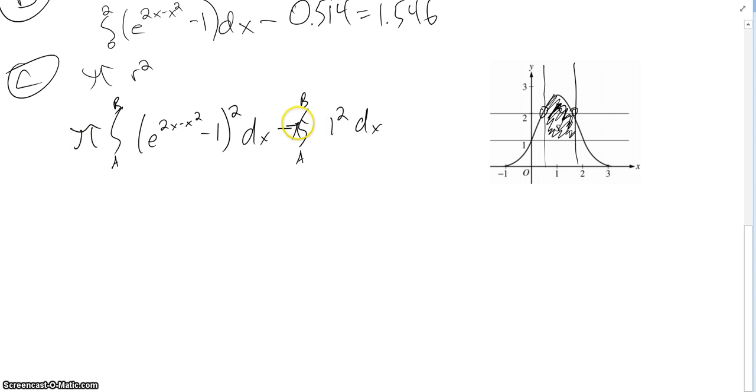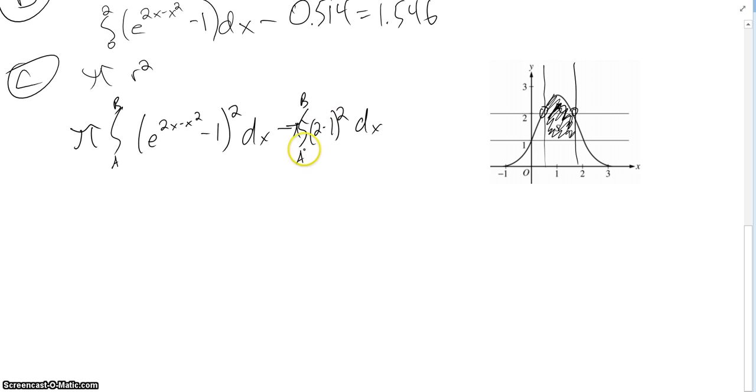And then, this is a pi, by the way, and then we're subtracting pi times the integral from a to b of 1 squared, and this 1 comes from 2 minus 1, squared, dx.